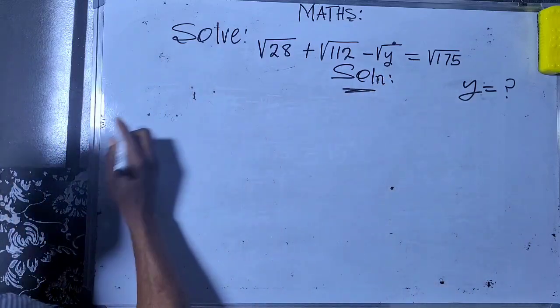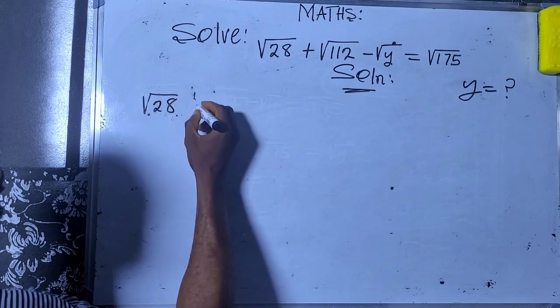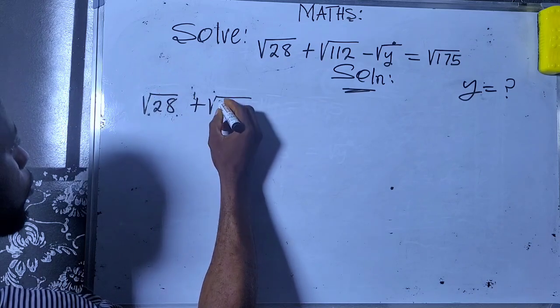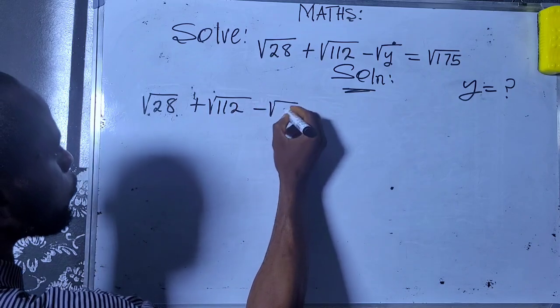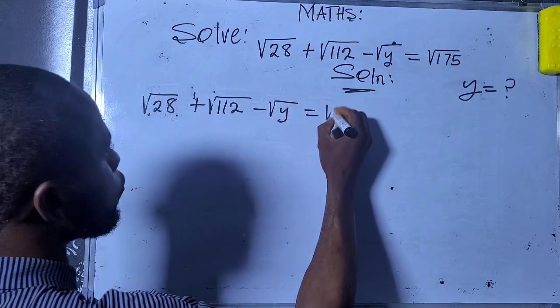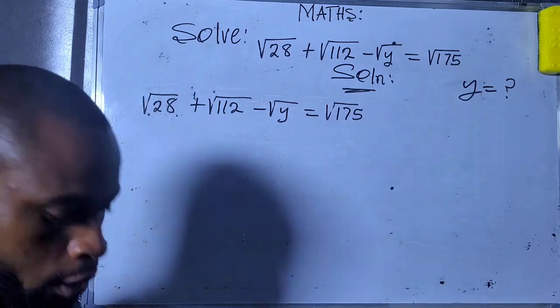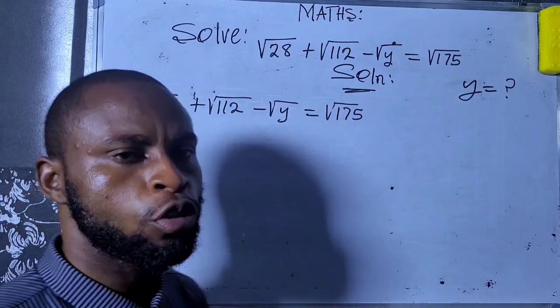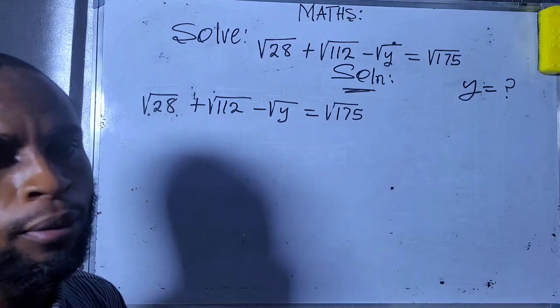I come down here with the question, square root of 28 plus square root of 112 minus square root of y equals square root of 175. Now, the first step is to collect like terms.